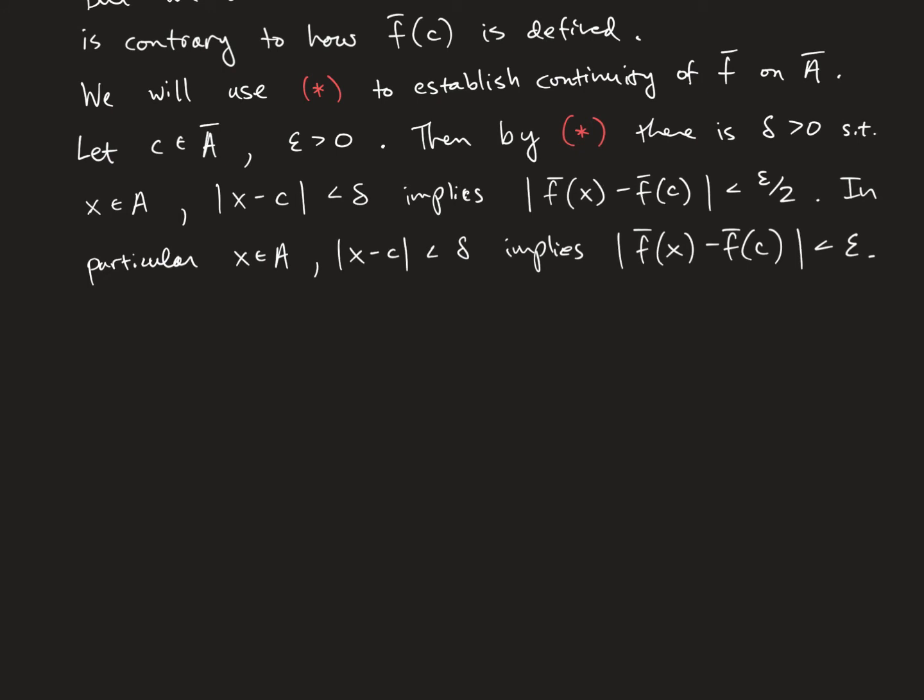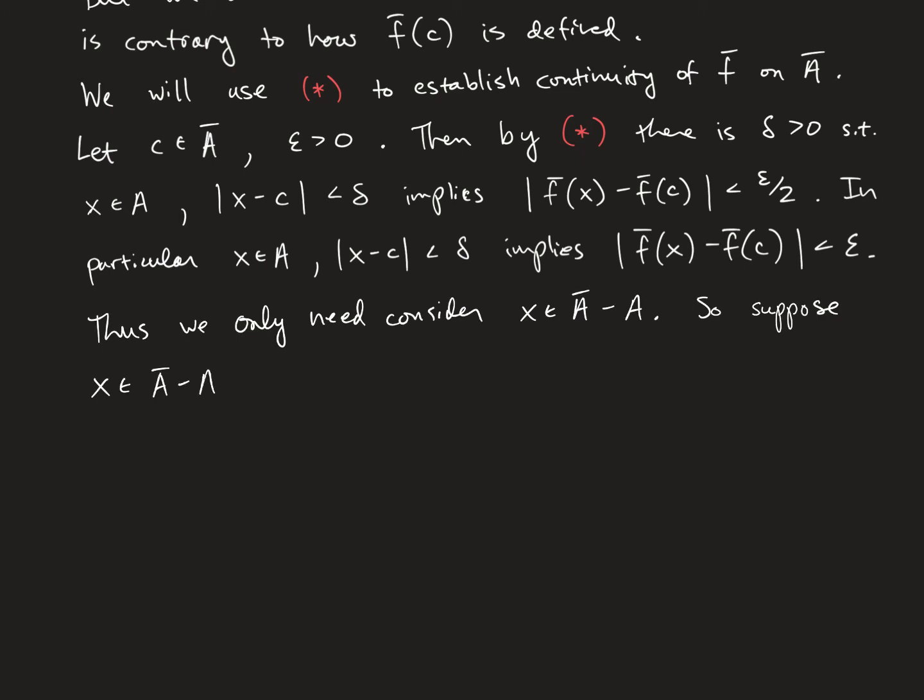So all we have to concentrate on is x in A bar minus A. Okay, so thus we only need to consider x in A bar minus A. So suppose x is in A bar minus A and the distance between x and C is less than delta.